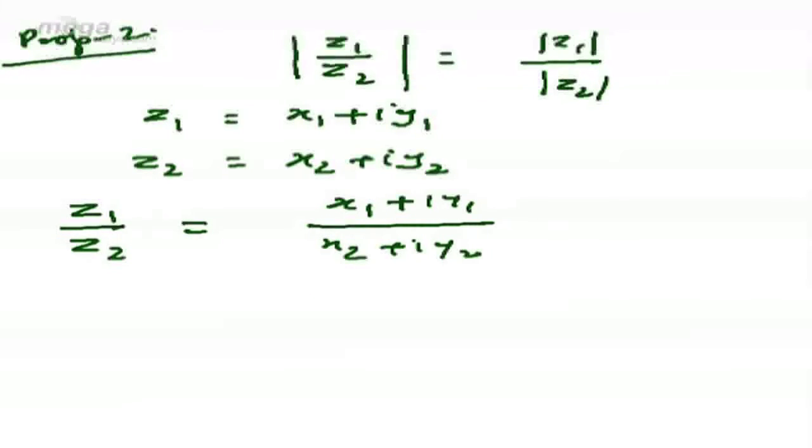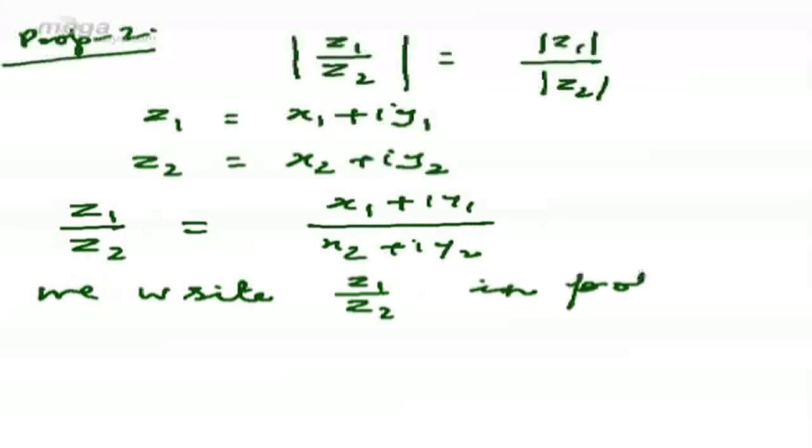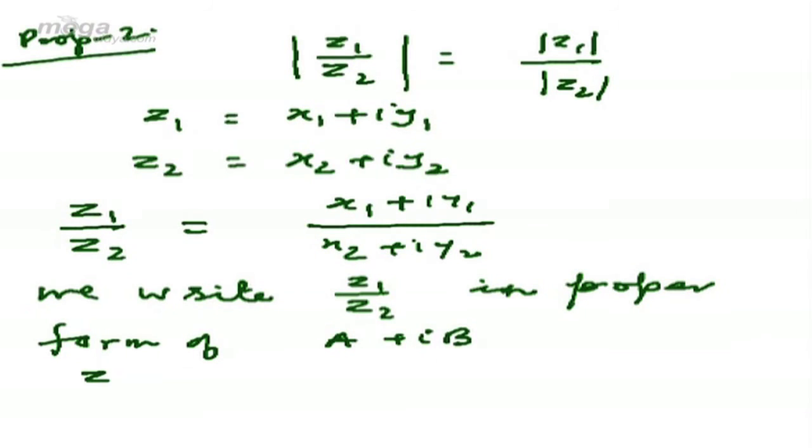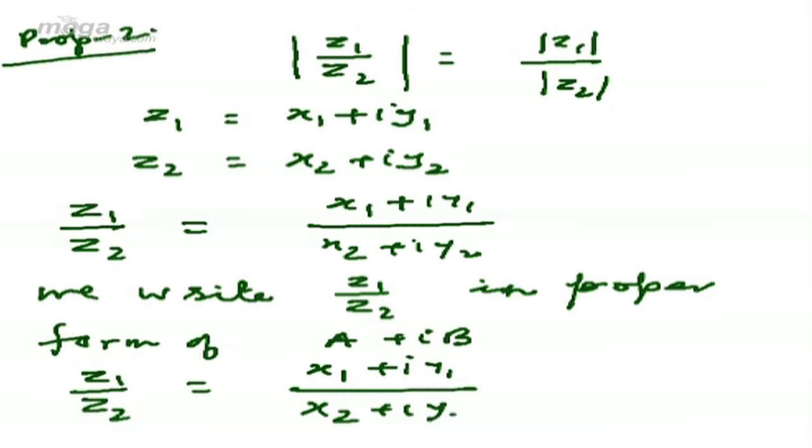First we write z1 by z2 in a proper form of a plus ib.